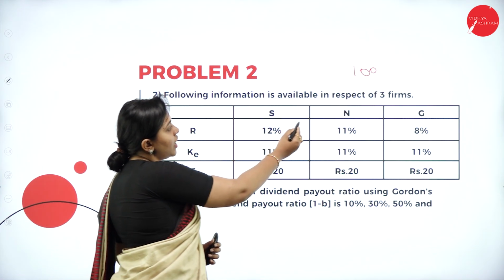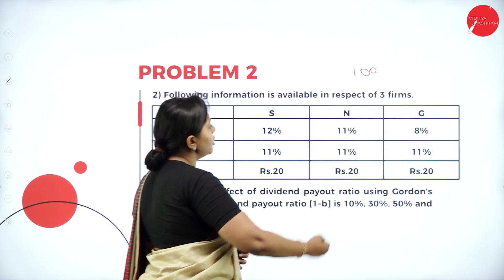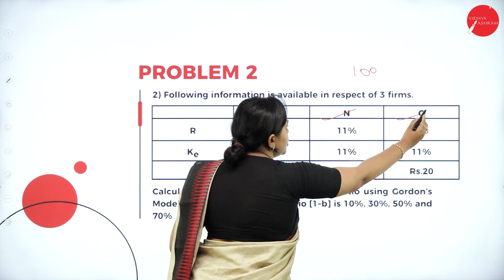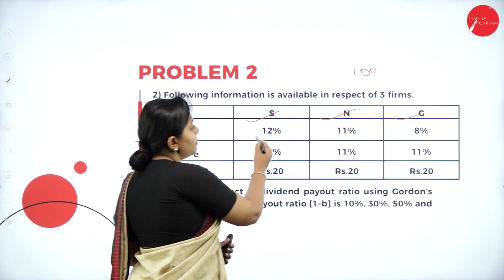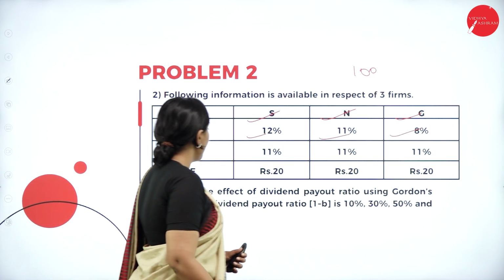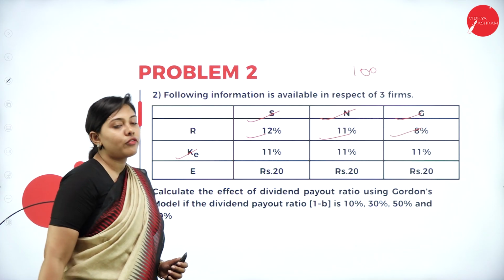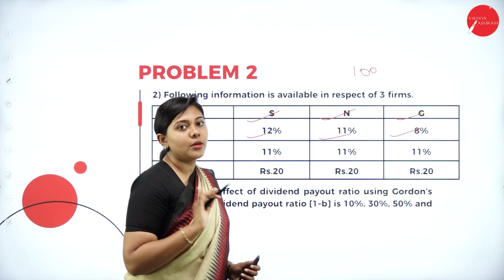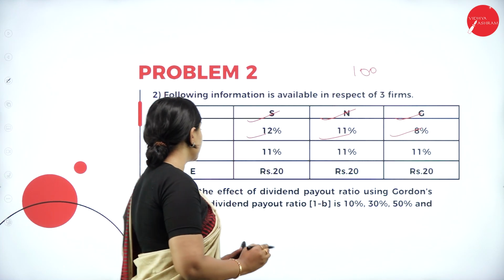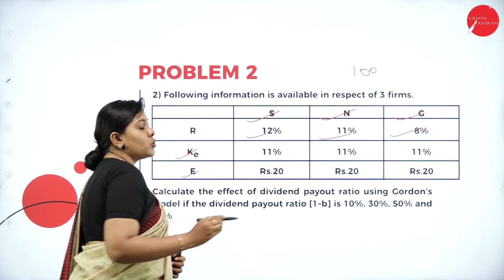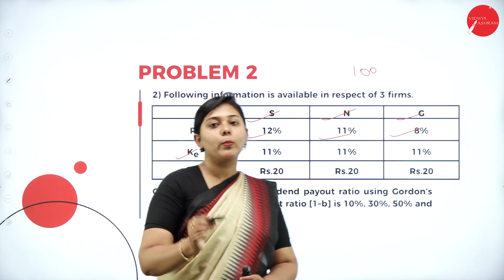Following information is available in respect of 3 firms: S firm, N firm, G firm is given. The return is different: 12%, 11%, 8%, and the cost of capital is the same for all. So 11%, 11%, 11% for all the 3 cases, and your earnings is also same for all the 3 cases, that is ₹20.